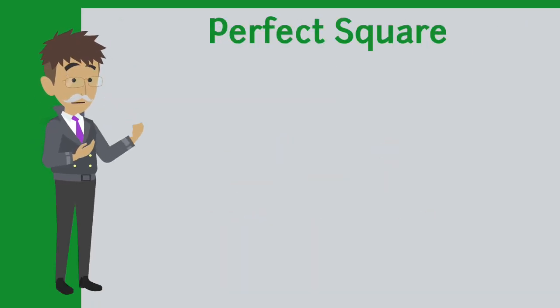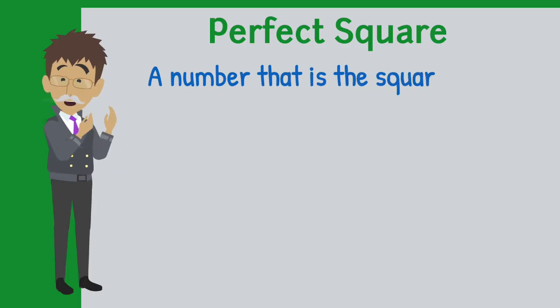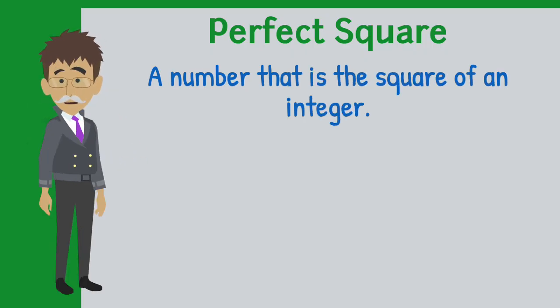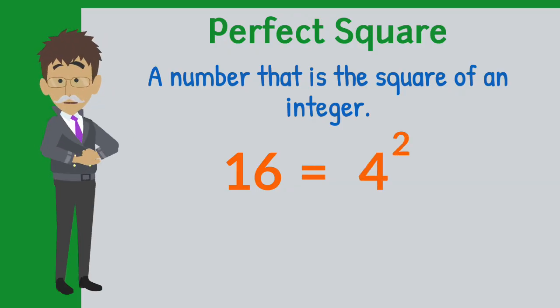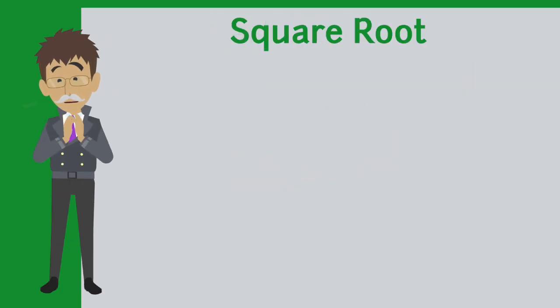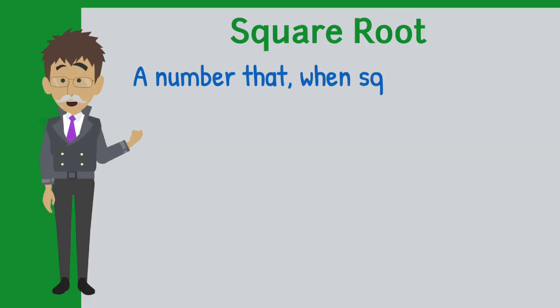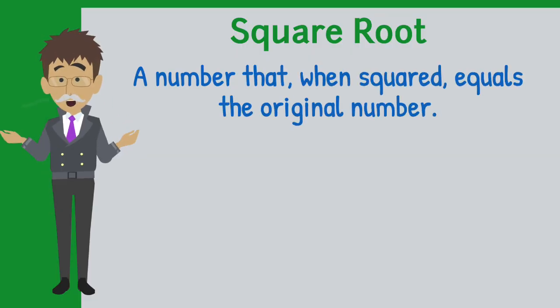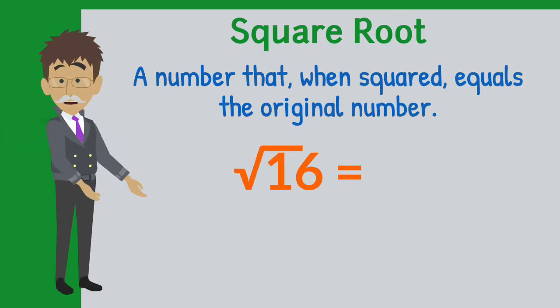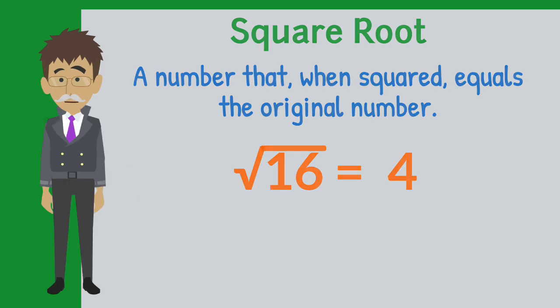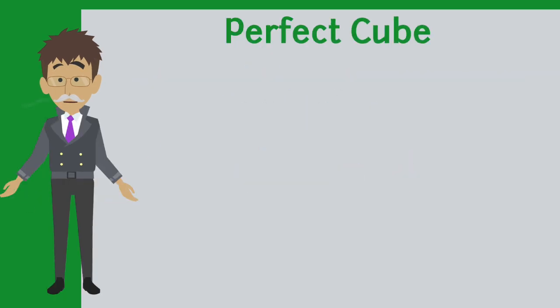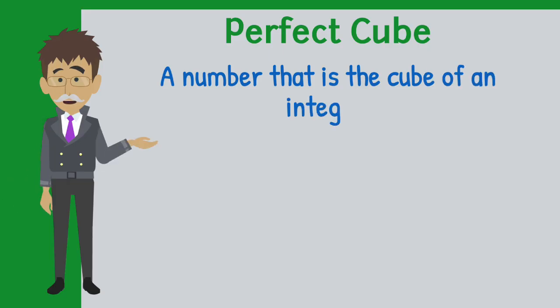Perfect square. A number that is a square of an integer. For example, 16 is a perfect square because 4 squared is 16. Square root. A number that when squared equals the original number. For example, the square root of 16 is 4. Perfect cube. A number that is a cube of an integer.